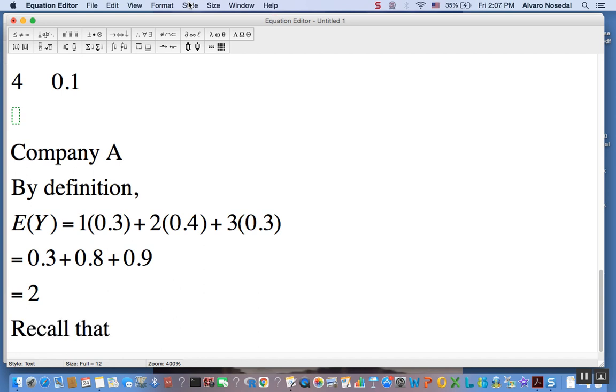Recall that the expected value of a function of your random variable y is the same as this.